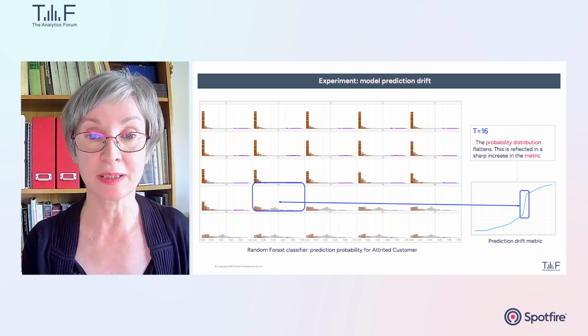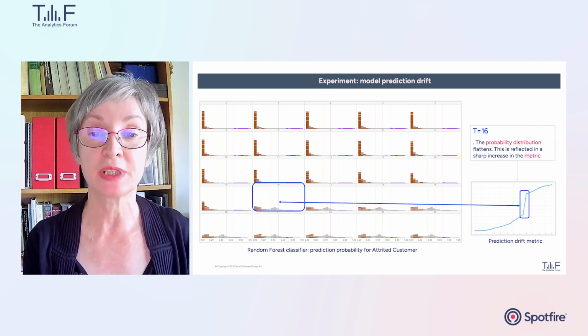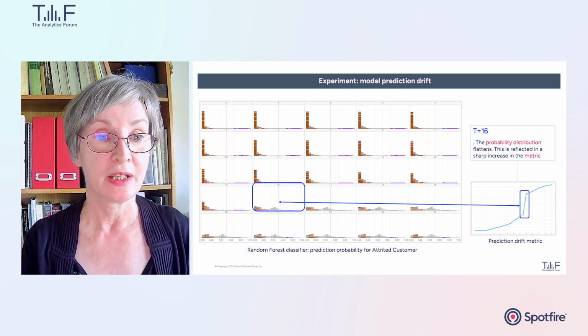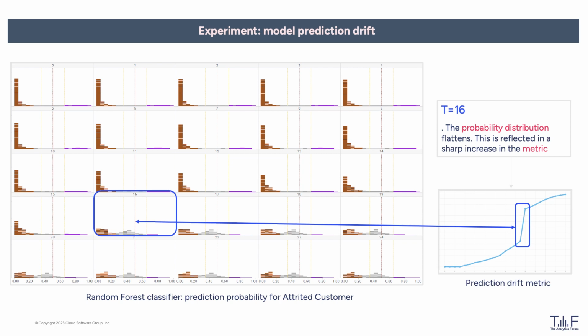Similarly, in a similar plot, we show drift in the model predictions. Here, again, we go from top left time 0 with the original data set to bottom right time 24. And this plot represents the prediction probability for a customer to churn using one of the models we trained, a random forest model. And we can see that at the beginning, there's a neat division across the class boundary between churners and not churners.